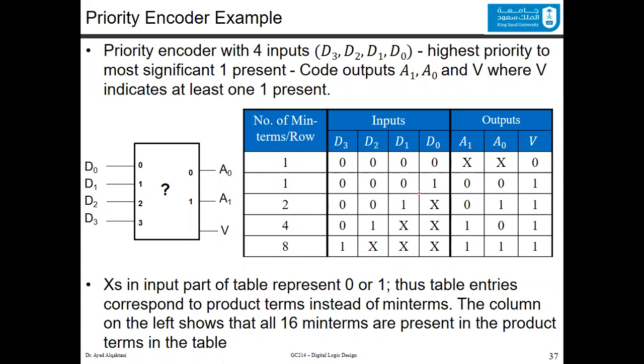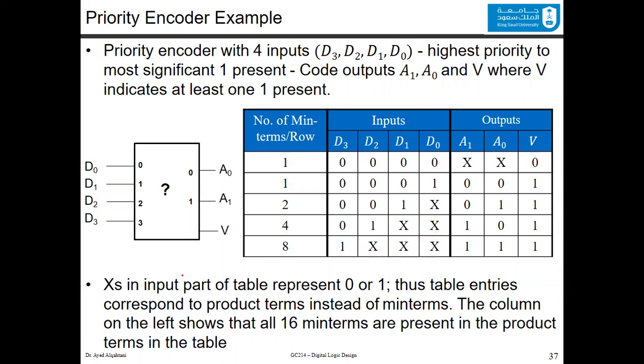Now, to continue the operation of the encoder, if you have 1 in this position, regardless of this value, the code will be 1, 0. If you have 1 in this position, now it has the highest priority, and regardless of the less priority bit positions, the code will be 0, 1. If you have 1 here, then the code will be 1, 1, regardless of those 3 positions.